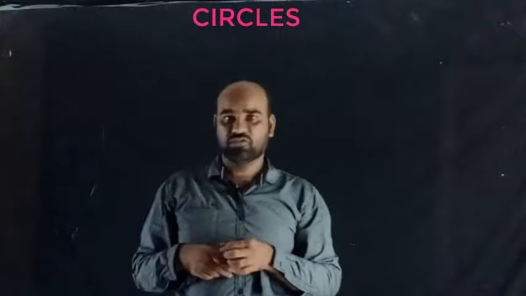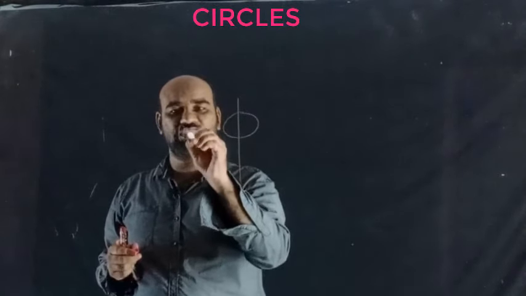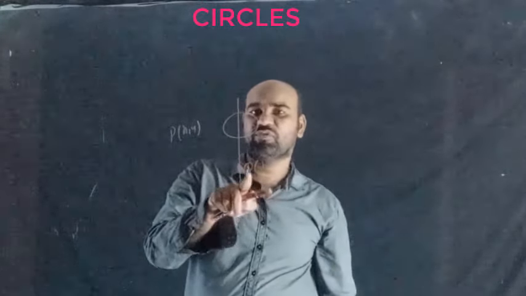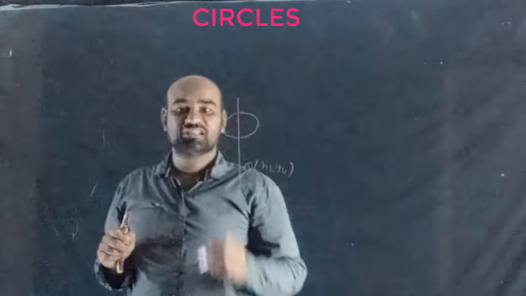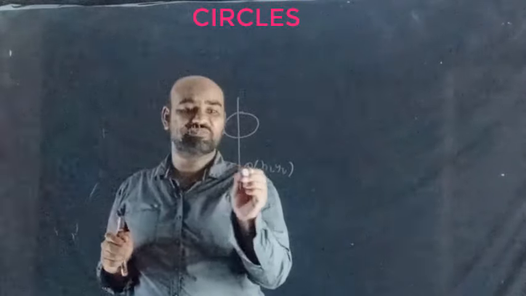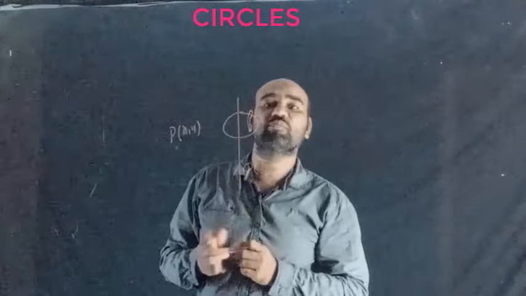Okay students, just now you observed that if the polar of P (x1, y1) passes through Q (x2, y2), then the polar of Q will pass through P. In such a situation, the points P and Q are called conjugate points.